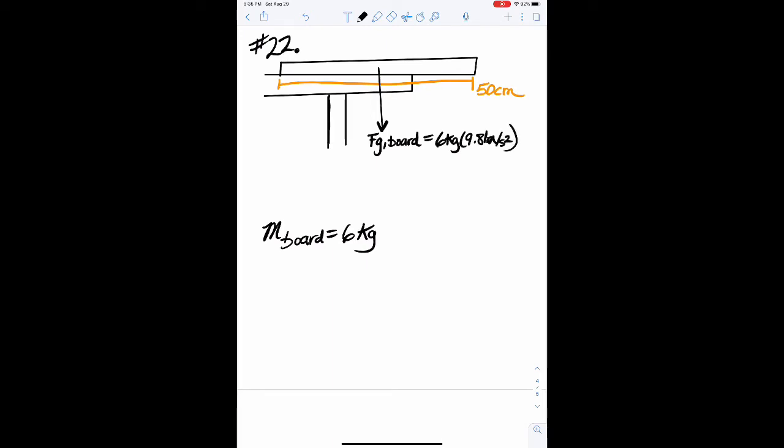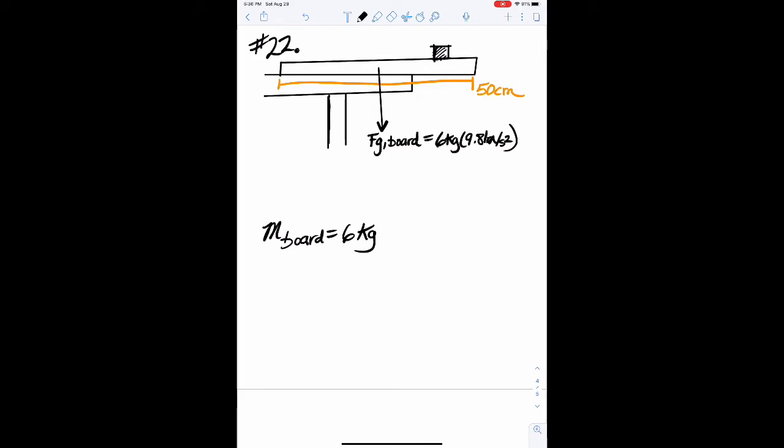Okay. And we also know that, I think the question states, how far can a box be placed out on a board? How far can this box sit?